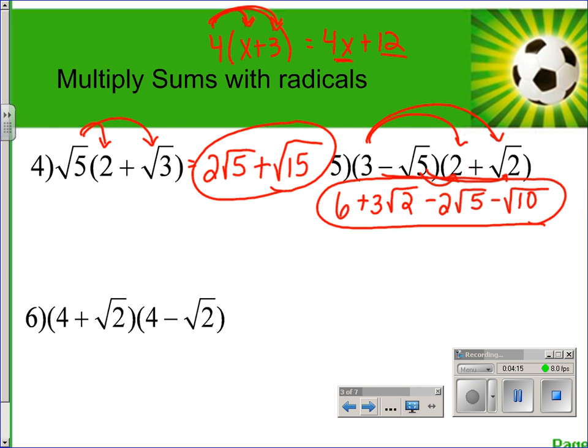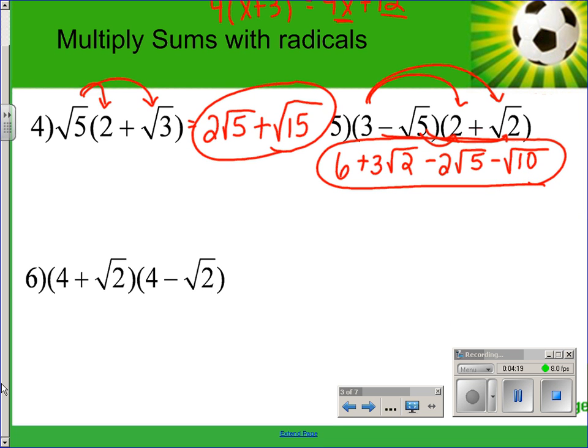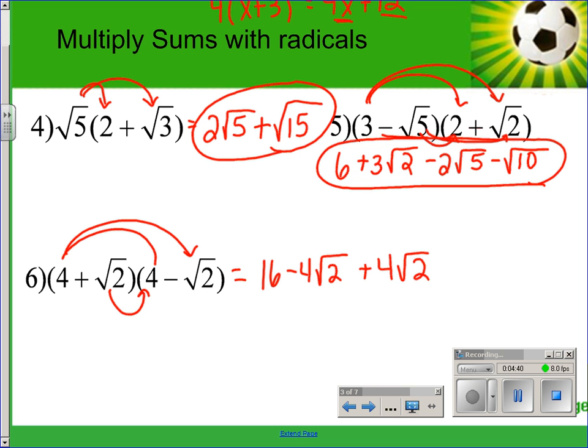Let's look at number 6. Same thing, double distribution. So we're going to do 4 times 4, and we're going to get 16. 4 times negative square root of 2. So negative 4 square root of 2, because one's outside, one's inside. Now start with the square root of 2. So it's a positive 4 square root of 2.